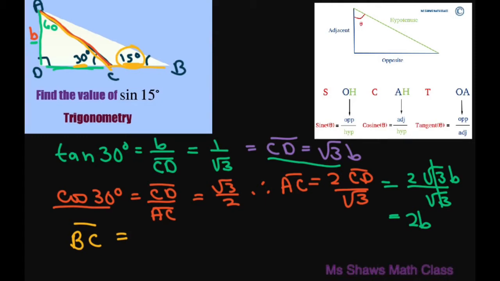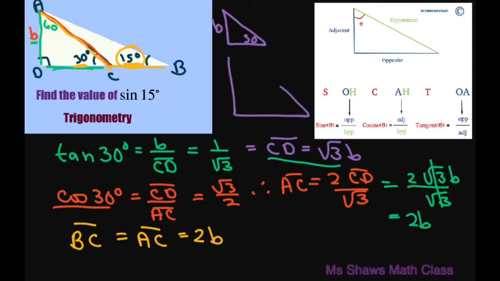So this is AC, which equals 2 times B. Right? All right, because you have two triangles, and this angle is double the other. So if I took out the triangles, the smaller one has B, and that's 30 degrees. And if I do the bigger one, and this is 60 degrees, then this is going to be twice that, 2B.